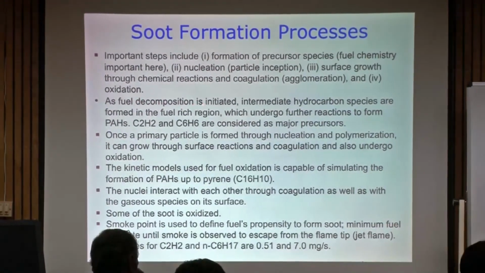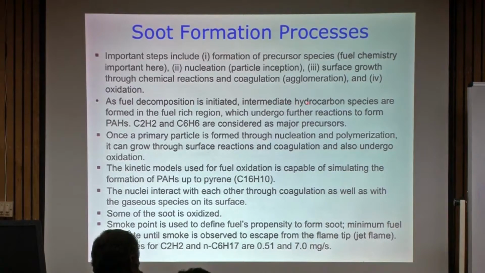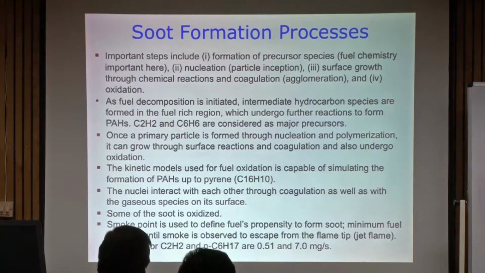As fuel decomposition occurs, intermediate hydrocarbon species are formed in the fuel-rich region, which undergo further reactions to form C2H2 and PAH species. C2H2 is considered the major precursor.